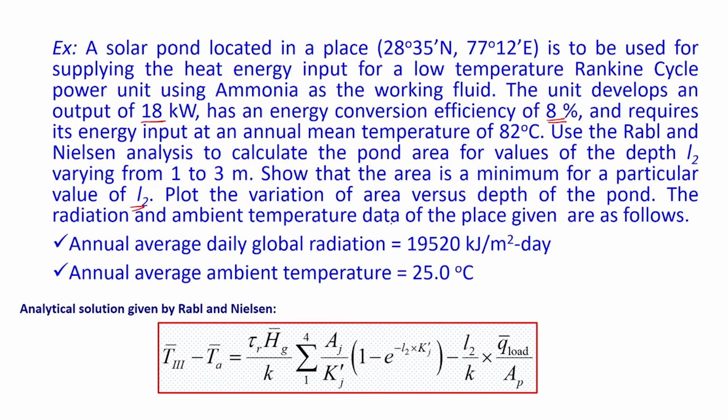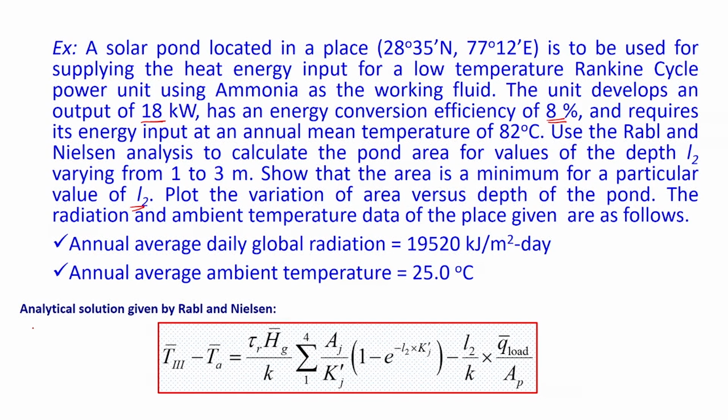The radiation and ambient temperature data of the place are as follows: the annual average daily global radiation is 19520 kilojoule per meter square per day, and the annual average ambient temperature is 25 degrees C.